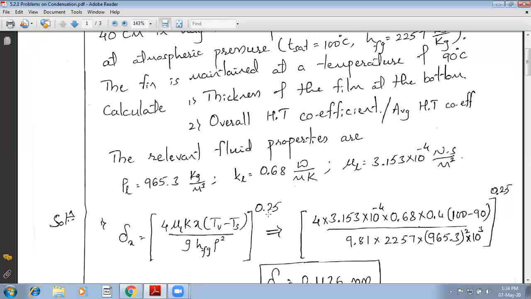Now we will look into each term associated with this expression.